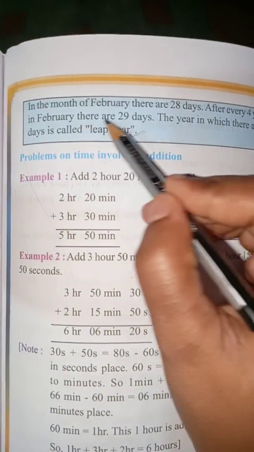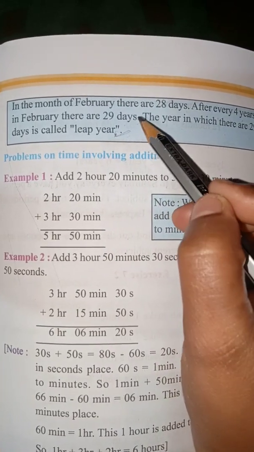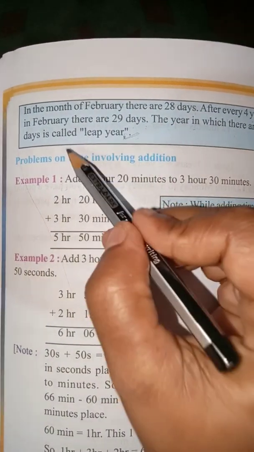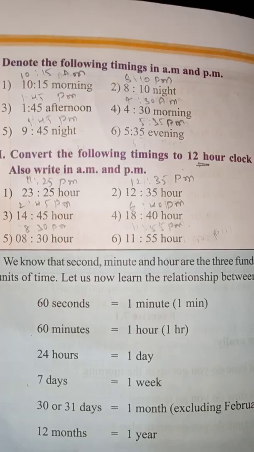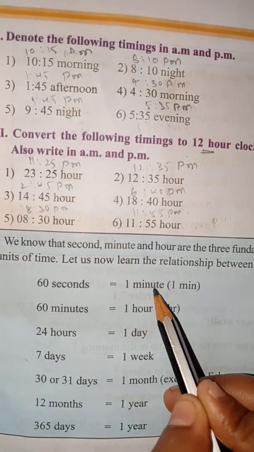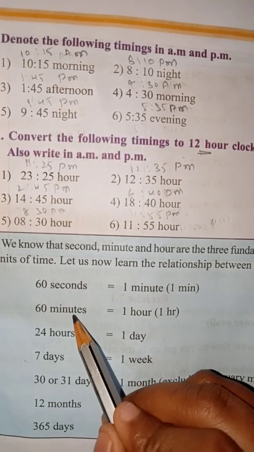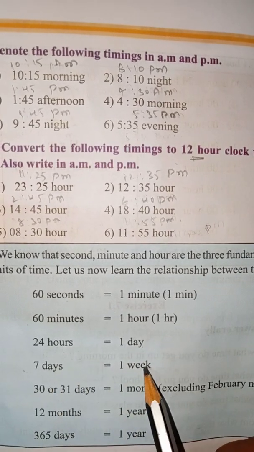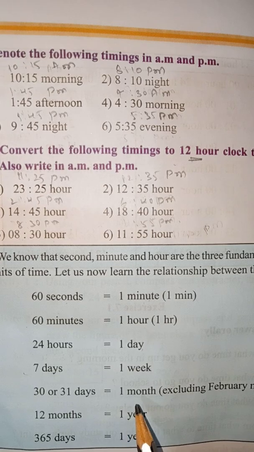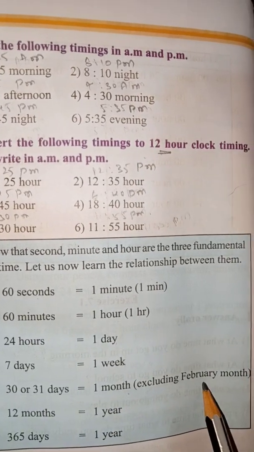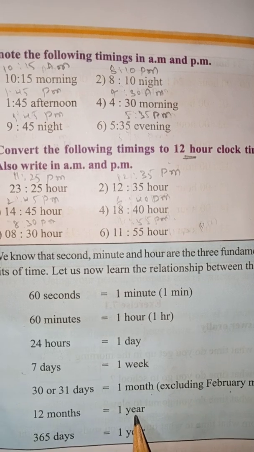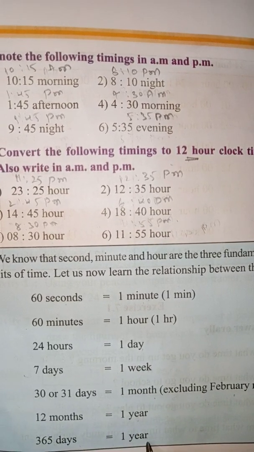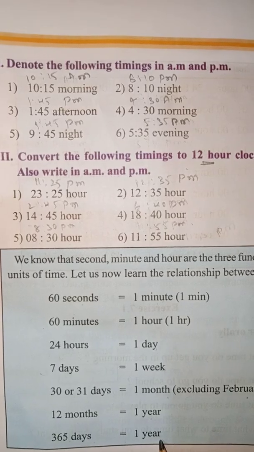Every 4 years February has 29 days, and these years are called leap years. Remember: 60 seconds is 1 minute, 60 minutes is 1 hour, 24 hours is 1 day, 7 days is 1 week, 30 or 31 days are 1 month excluding February, 12 months is 1 year and 365 days is 1 year.